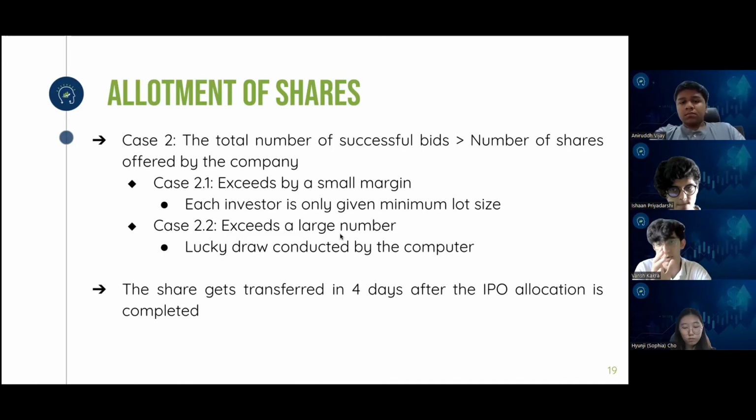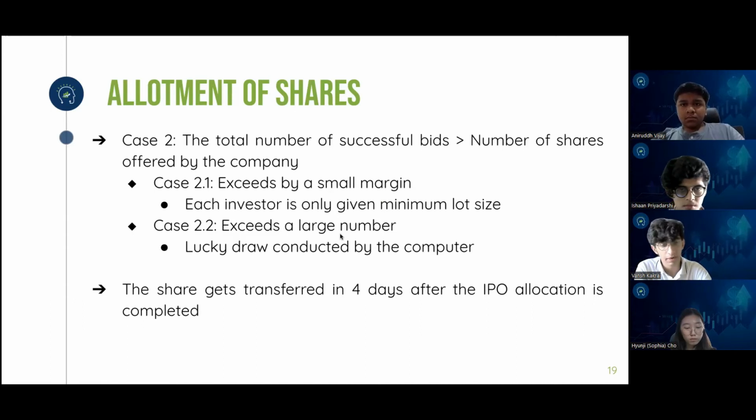And in case 2.2, when the bids greatly exceed the number of shares being offered, the allotment takes place via a lucky draw, and this lucky draw is computerized without any partiality, right?